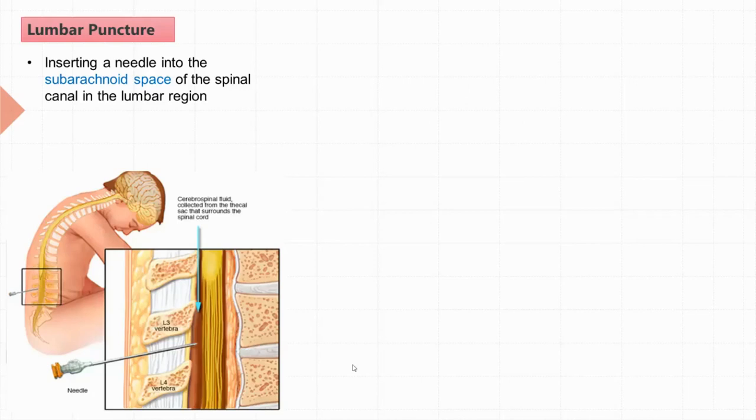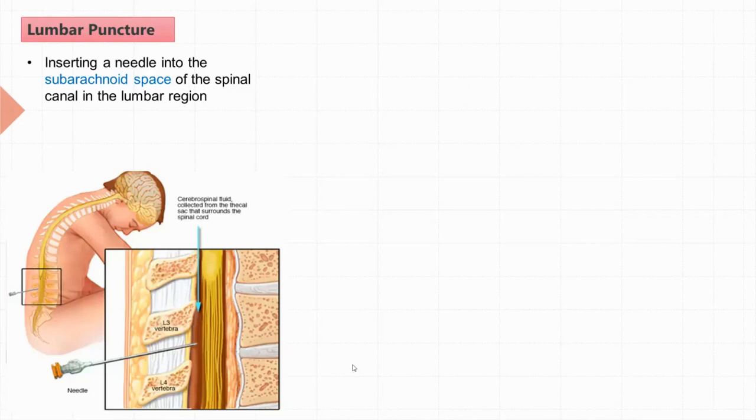From an anatomical perspective, the procedure is performed in the intervertebral space between L3 and L4, or L4 and L5 vertebrae. The site is ideal there because it's the place where the spinal cord terminates into a bundle of nerve roots, and this is the cauda equina.